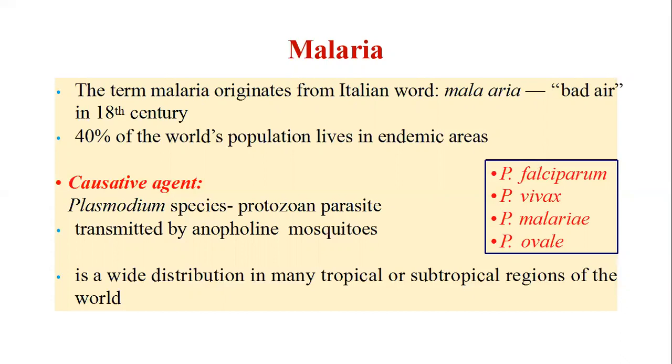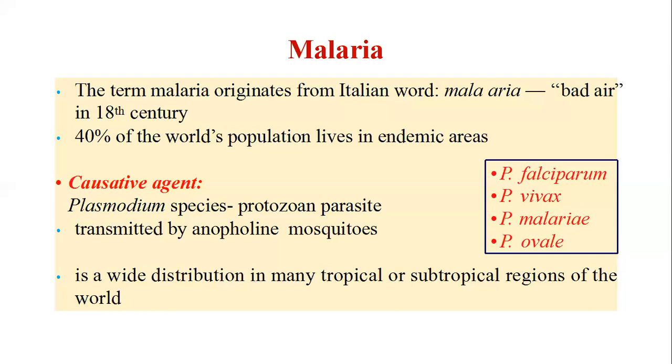So malaria is indeed a serious and sometimes fatal disease caused by a parasite known as Plasmodium. There are different species of Plasmodium responsible for this particular disease, malaria, that commonly infects a certain type of mosquito, the Anopheles mosquito, which feeds on humans.